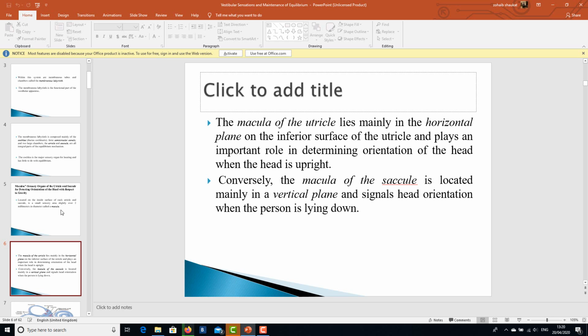Conversely, the macula of the saccule is located mainly in the vertical plane, and it signals head orientation when the person is lying down. So we should know when the head is upright, the orientation is the task of macula of utricle, and when the person is lying, the signals are carried by way of macula of saccule.